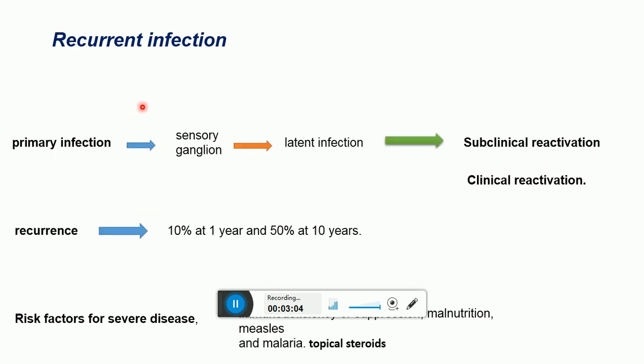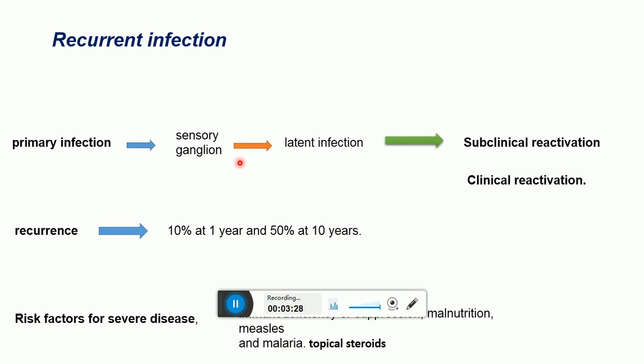Recurrent infection. Recurrent disease is the reactivation in the presence of cellular and humoral immunity. It occurs after primary infection. After primary infection, the virus is carried to the sensory ganglion for that dermatome, for example, the trigeminal ganglion.